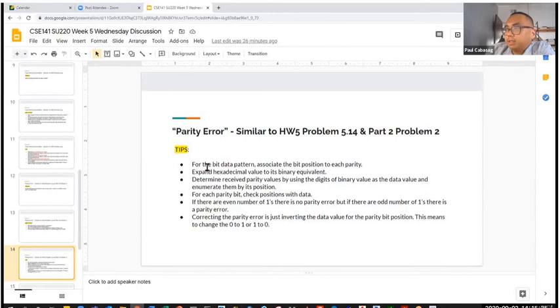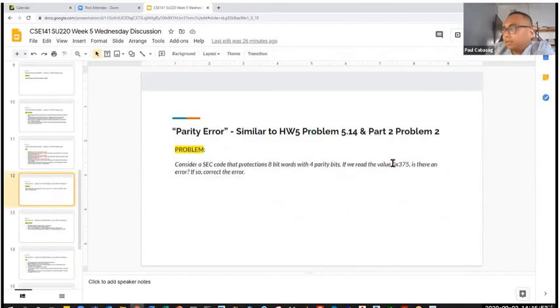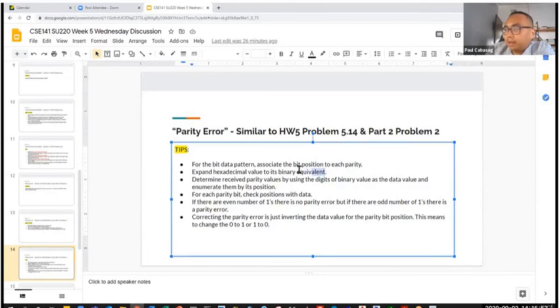So the other tips here is the first thing you would do is, for the bit data pattern, if you have the parity and then its position, try to create a table for those. And then this hexadecimal value here, you would want to expand it into its binary equivalent. And then you use that as your data value.